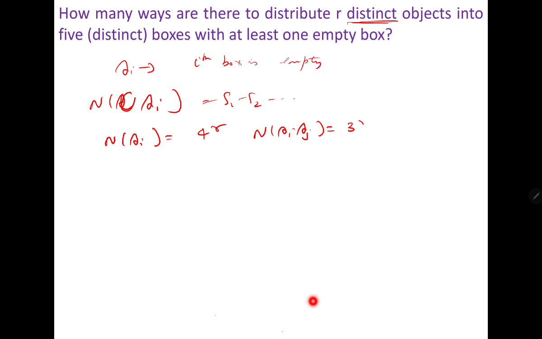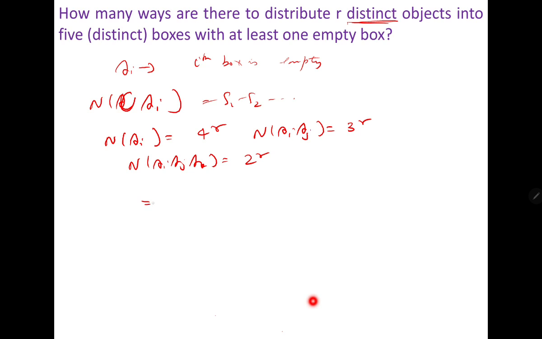If 2 boxes are empty, then we need to distribute into the remaining 3. If 3 boxes are empty, then the remaining 2, and if 4 boxes are empty, then into the last one.